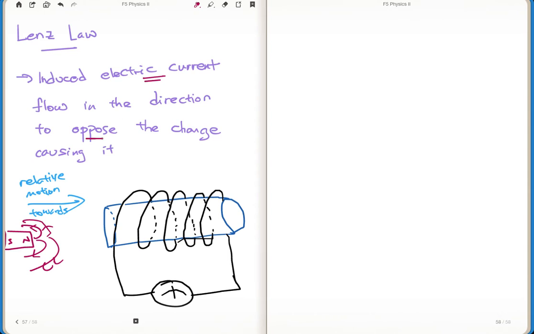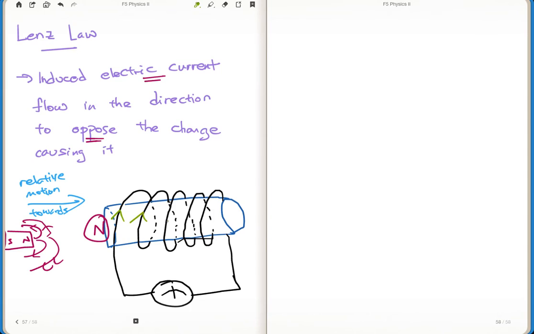flows in a direction to oppose the change. Meaning when you have a north pole coming near, the current will flow in a direction so that you get a north pole here, to oppose this direction. So in order to get a north pole by using the right hand grip rule, how do you do it? It has to travel up.